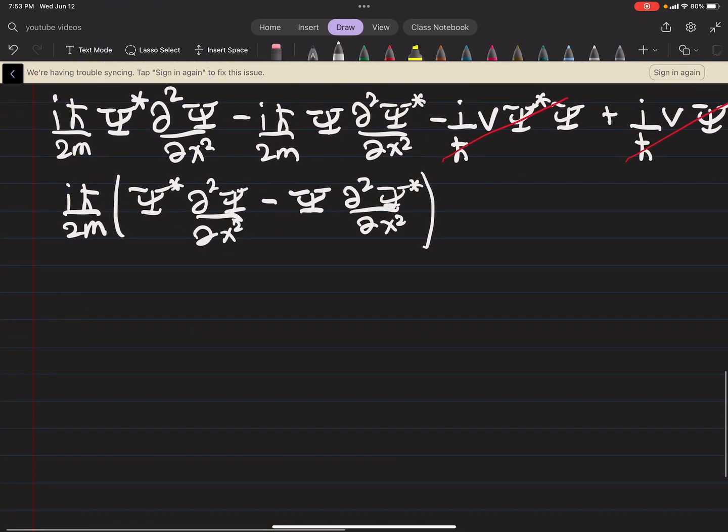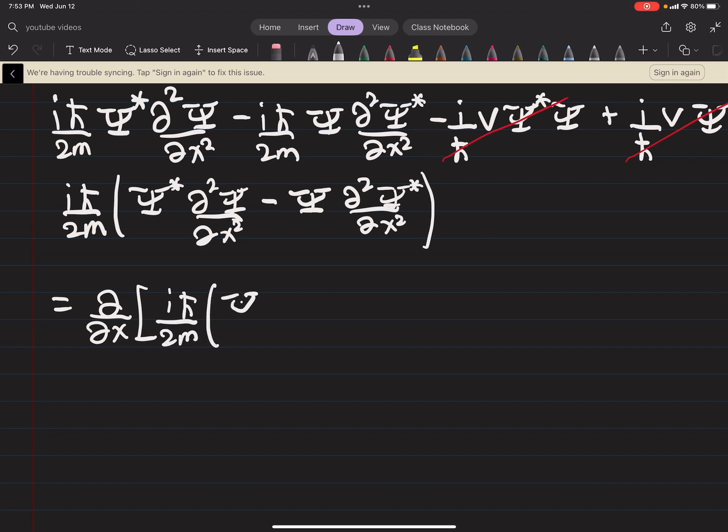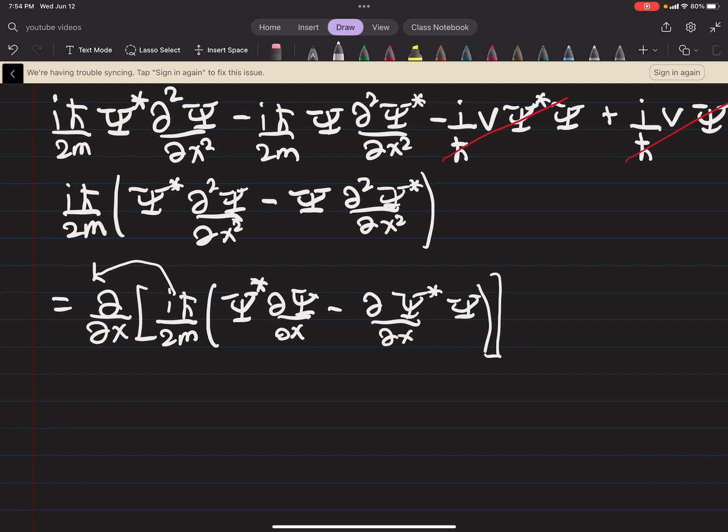And this is all equal to the partial derivative with respect to x of i h bar over 2m, psi star d psi with respect to x minus the derivative of psi star with respect to x times psi. Obviously the constants could be factored out here if you wanted to.